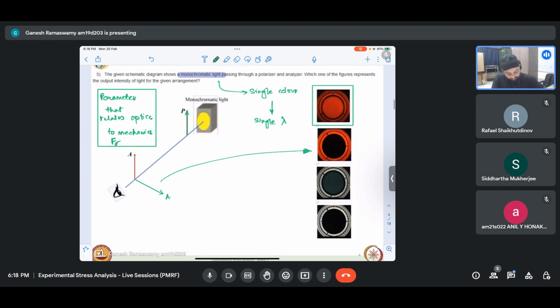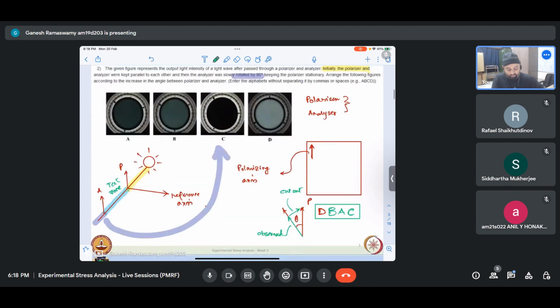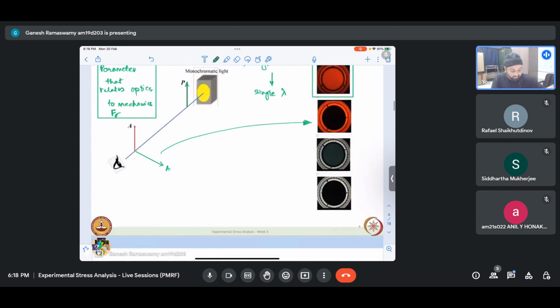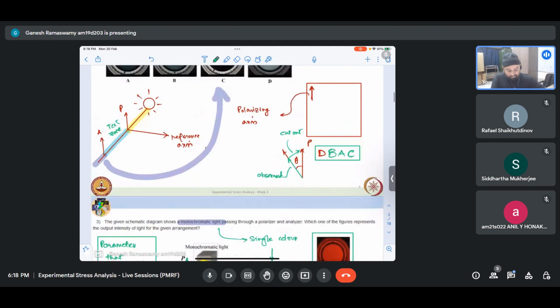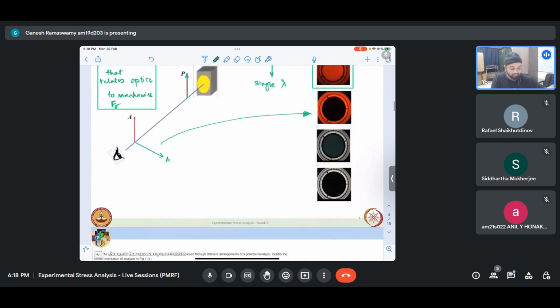This, as we saw in the previous question also, is equivalent to having an analyzer that is at some angle close to 90 but not quite there, and we have a generic white light. And this is the case where we discussed analyzer and polarizer are crossed, meaning at 90 degrees, and the entire light gets cut out.